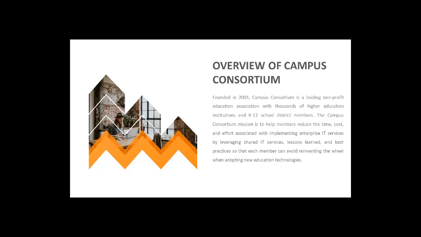The Campus Consortium's mission is to help members reduce the time, cost, and effort associated with implementing enterprise IT services by leveraging shared IT services, lessons learned, and best practices so that each institution and member can avoid reinventing the wheel when adopting new technologies. Overall, the Campus Consortium is focused on reducing the cost of college and education across the globe.